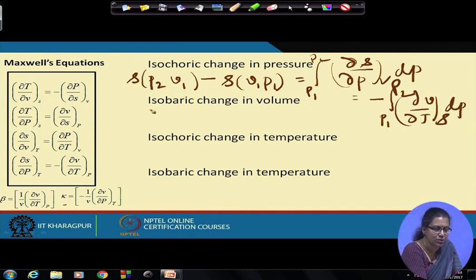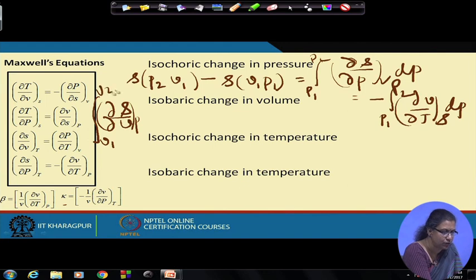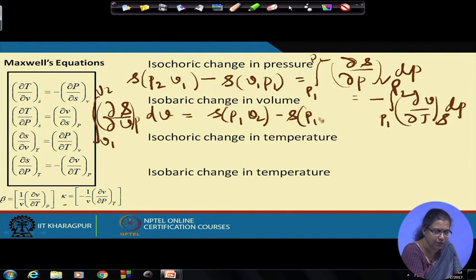In the same way, suppose I tell you to find out the isobaric change in entropy with volume. This basically refers to del S del V at constant P, right. So, we would like to find the integral of this as a function of volume, from V1 to V2, dV. So, this is equal to S at P1 V2 minus S at P1 V1.